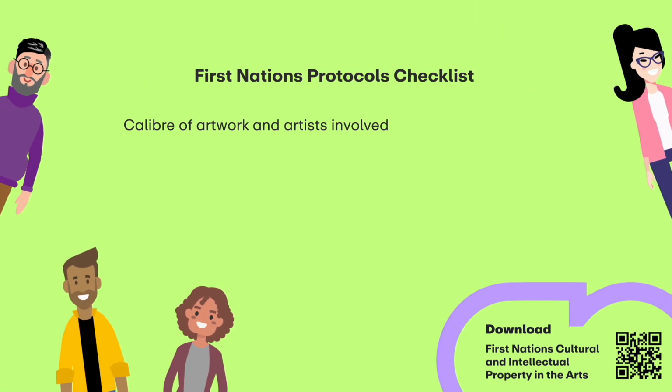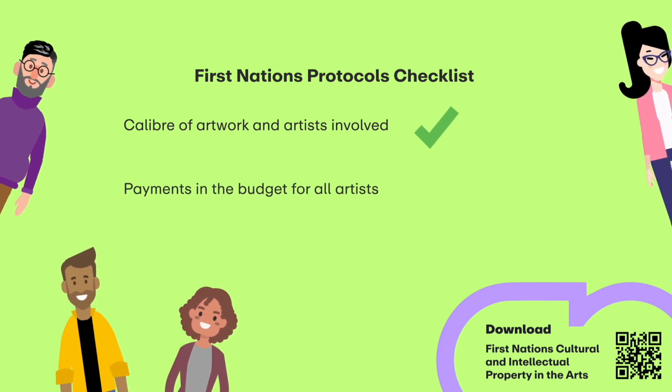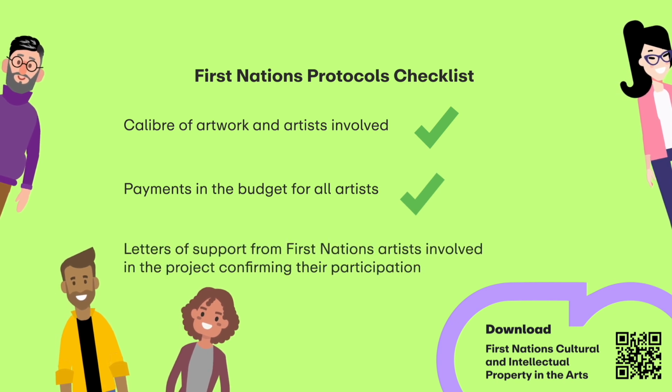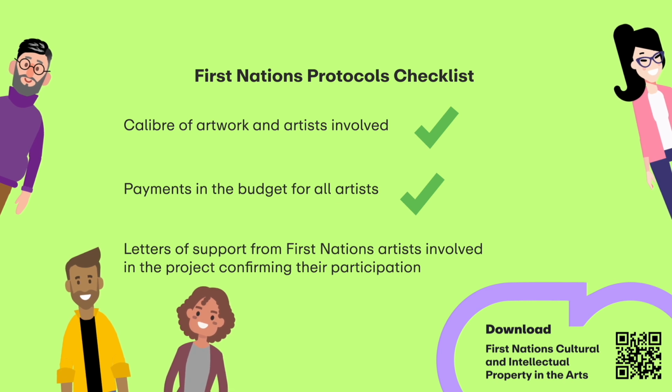First Nations Protocols Checklist: Calibre of artwork and artists involved. Payments in the budget for all artists. Letters of support from First Nations artists involved in the project, confirming their participation.